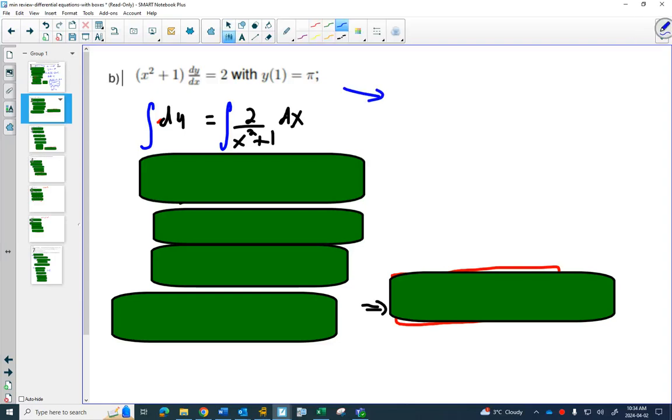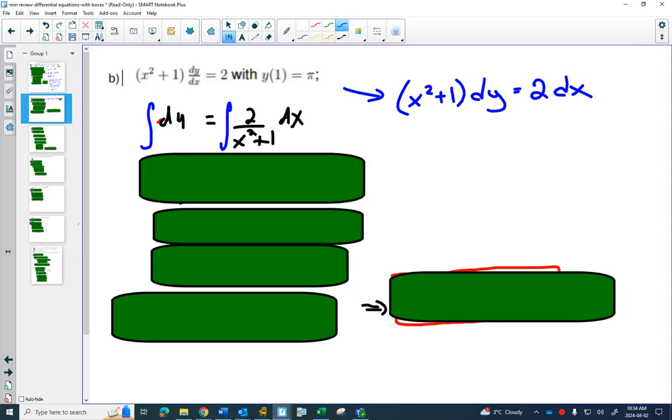You might like to do this extra step where you first multiply both sides by dx. Because in order to separate your variables, you need one side with dy, one side with dx. And then you have to use your algebra skills to say, how do I make sure the x's are on the side with the dx, and the y is on the side with the dy.